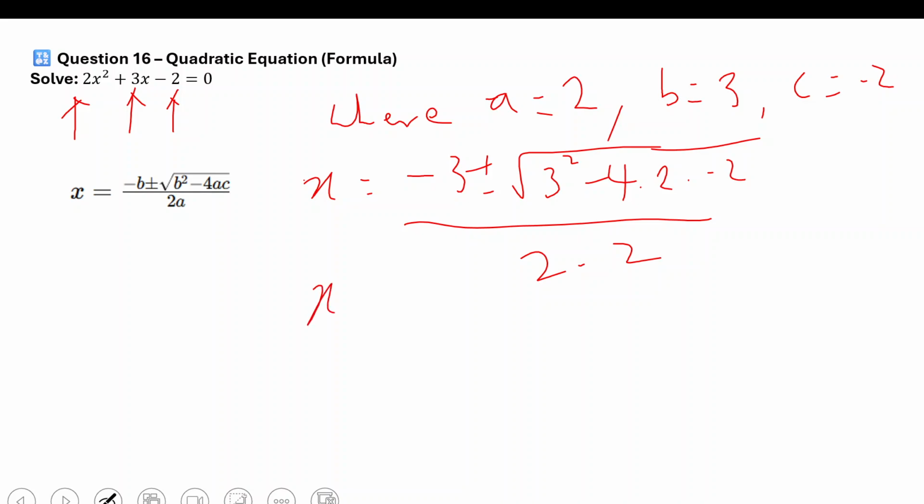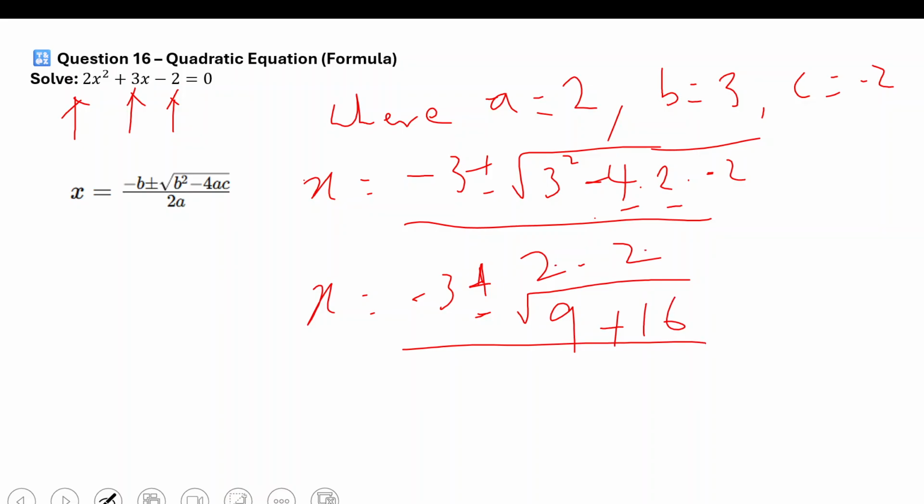So x will be equal to minus 3 plus or minus, this is 9, plus now because I have minus and minus here. So plus 4 times 2 is 8, 8 times 2 is 16. So I have 16 here, all over 2 times 2 is 4.